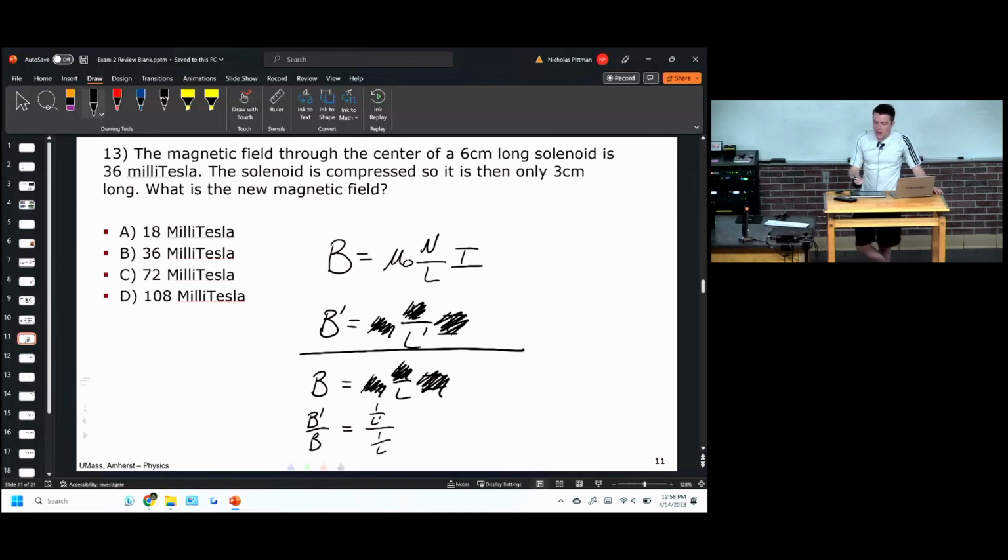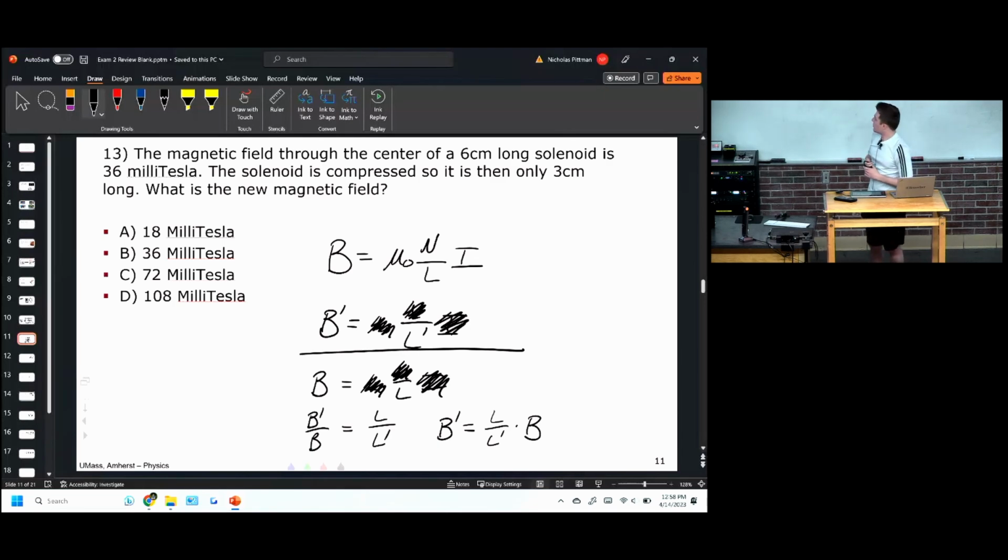Dividing by 1 over L is the same as multiplying by the reciprocal of 1 over L, which is L. So I have L over L prime on the right. Again, you may be able to do this in your head, but for those of you who can't. So this tells me that B prime, the new magnetic field for the new length, is L over L prime times the original magnetic field.